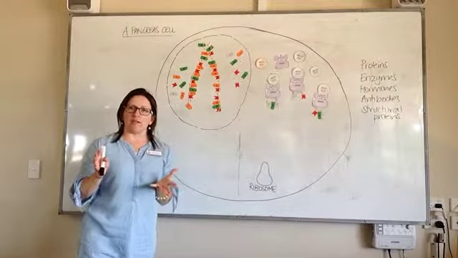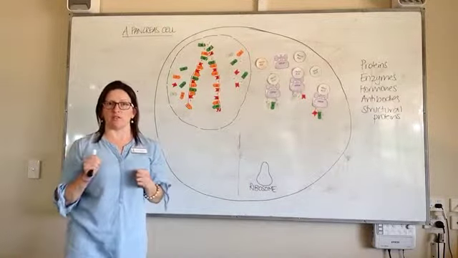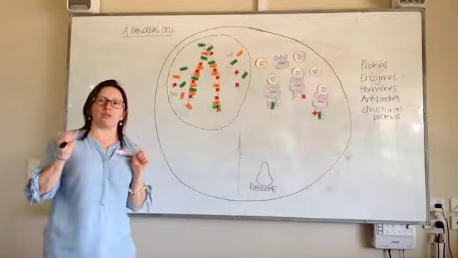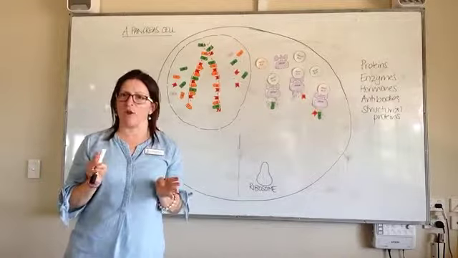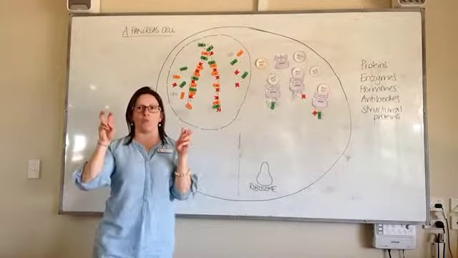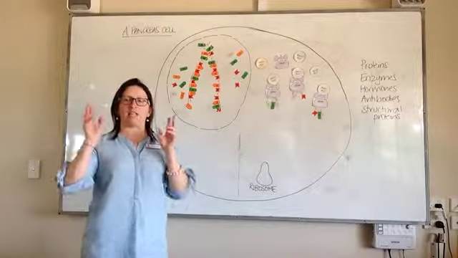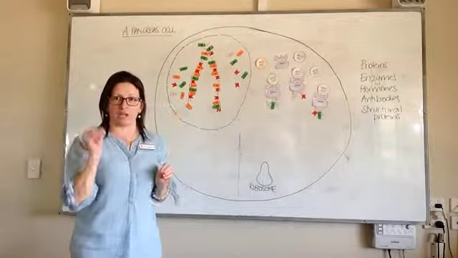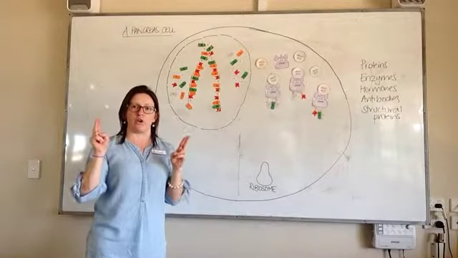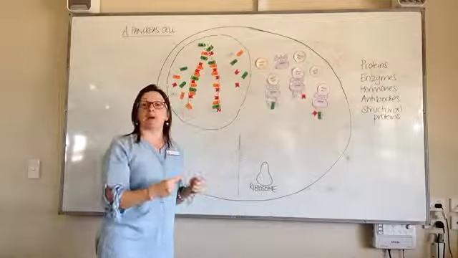Cells are specialised. So a pancreas cell does its job, a skin cell does its job, a nerve cell does its job, because particular genes on those 46 chromosomes are switched on. Only if a gene in a cell is switched on, and you can use that terminology in the HSC, only if the gene is switched on is it expressed.